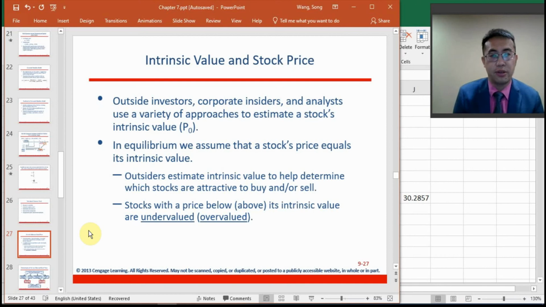The two models I mentioned earlier were about stock valuation, and if you use these valuation models, what you get is the intrinsic value for the stock price, or the true price. And this is based on our theoretical approach, and that is where the equilibrium should be.